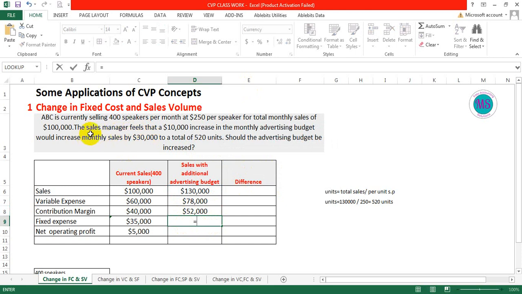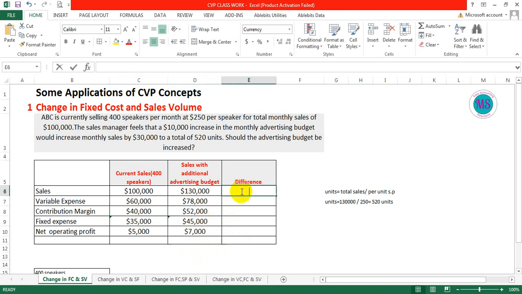Remember, the sales manager feels a 10,000 increase in the monthly advertising budget. They are talking about the fixed cost, which has changed from 35,000 to 45,000. Previously it was 35,000 and it has increased by 10,000, so it becomes 45,000. Contribution minus fixed expense is equal to 7,000.